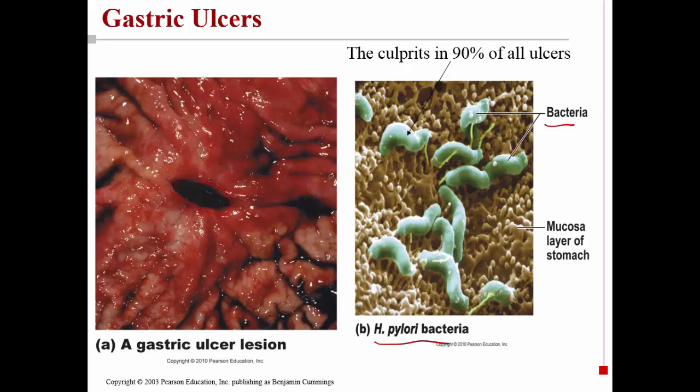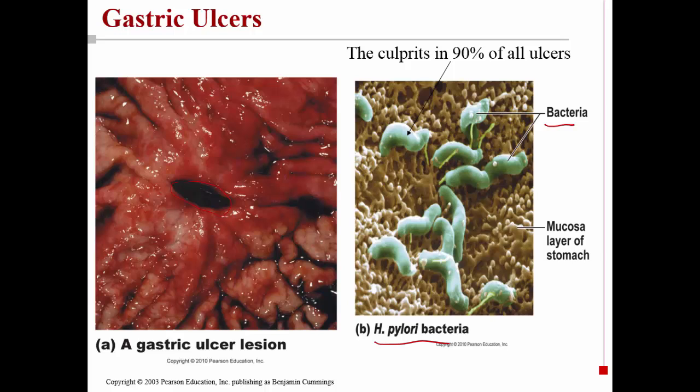What the bacteria do is they release a toxin which destroys the epithelium. It disrupts the tight junctions. It also decreases HCl production and attracts immune cells so that inflammation occurs. An easy fix for this type of ulcer certainly would be antibiotics, and that's actually what physicians prescribe.